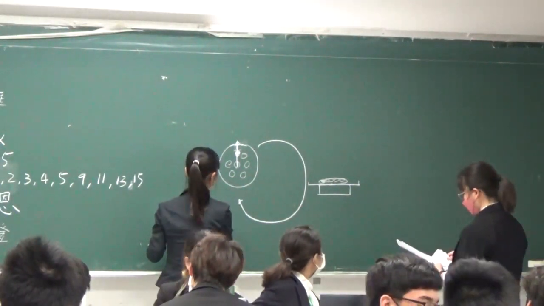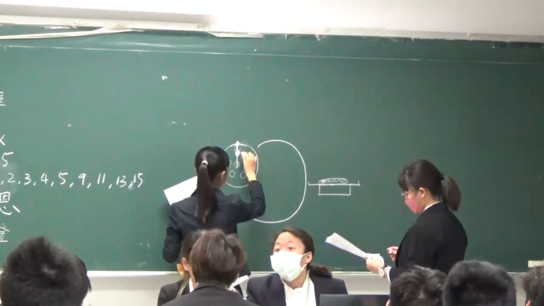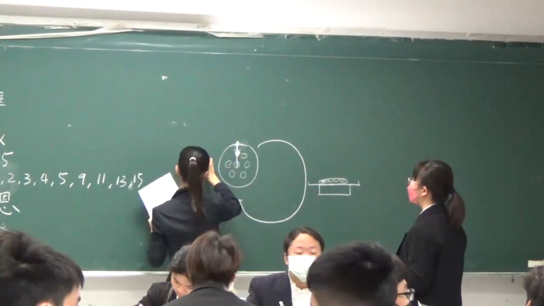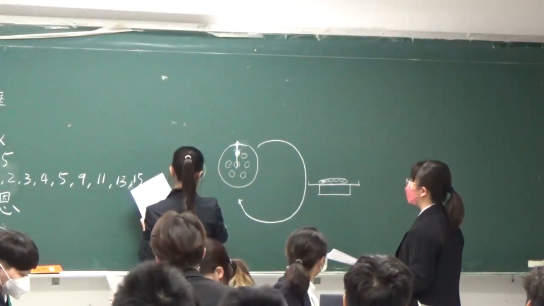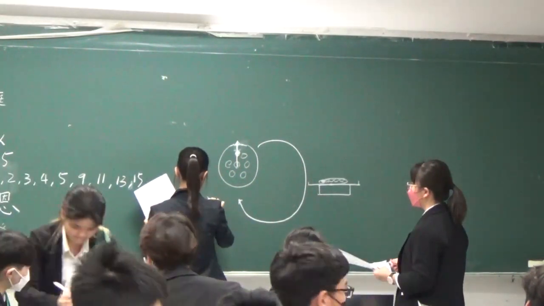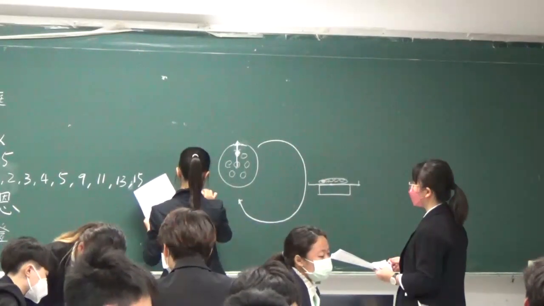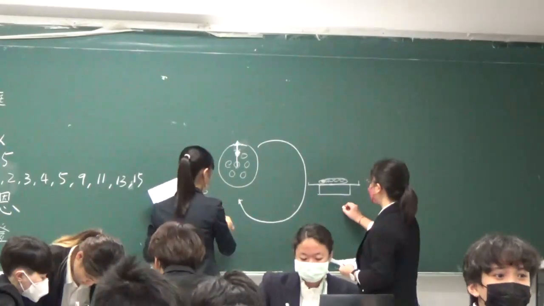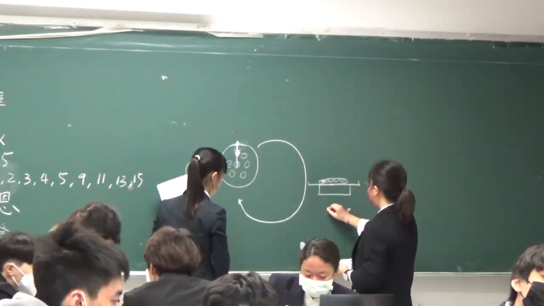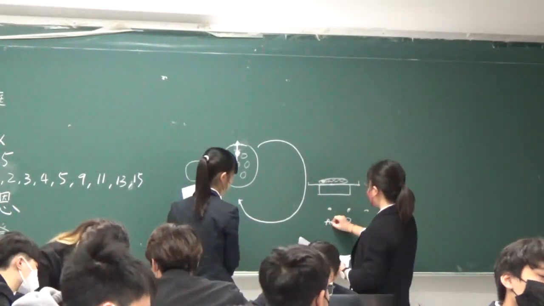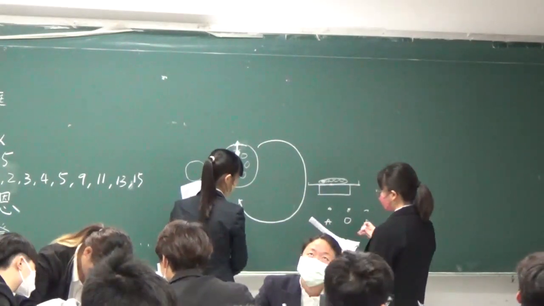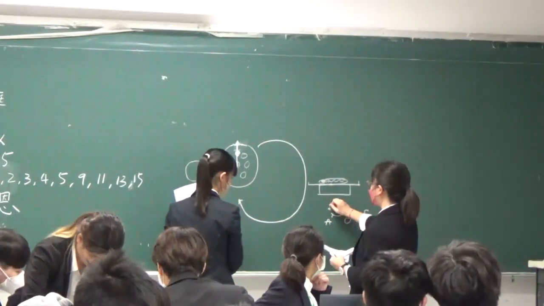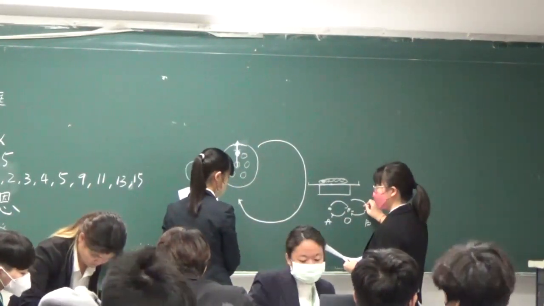When one of the things rotates in a circle, it will rotate like this to this side and this side and this side, right?